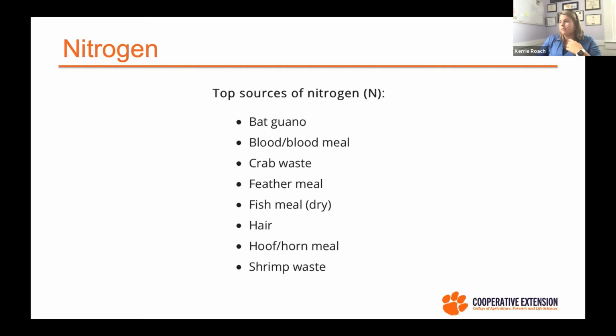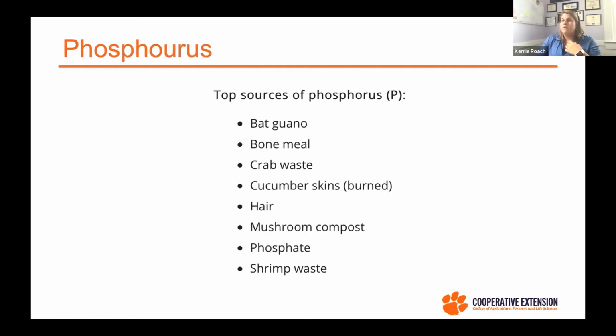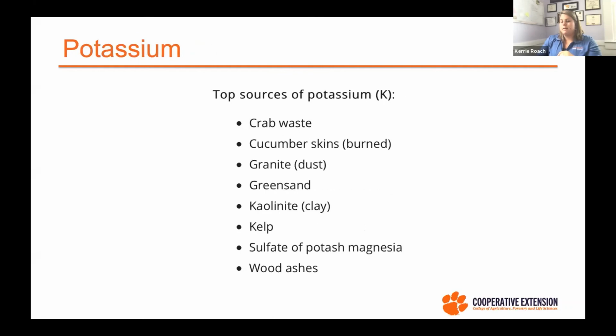Those are some great things that you can use. Phosphorus is bone meal, hair, mushroom compost, shrimp waste, and potassium, crab waste, kaolinite clay, kelp, wood ashes. So these are some really good lists.